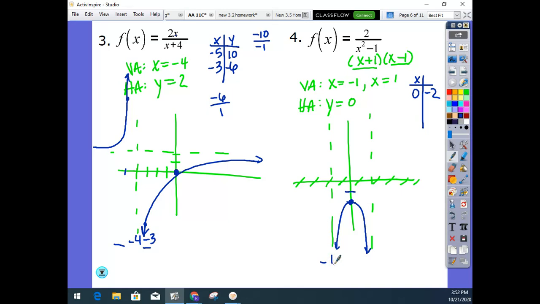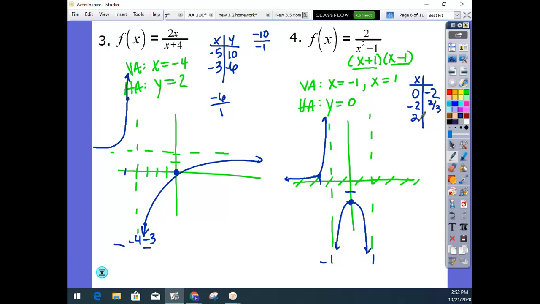So if this is -1, this is +1, let's look at -2. So -2 squared is 4 minus 1, that's 2/3. So -2, 2/3. If my end model behavior, or my horizontal asymptote, is y equals 0, and my asymptote here, it's kind of forced into this corner here.